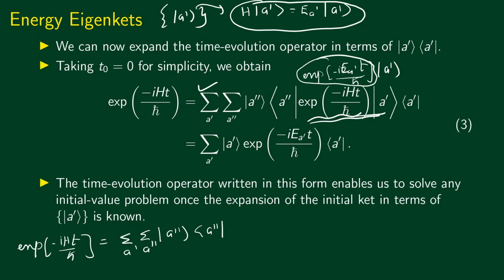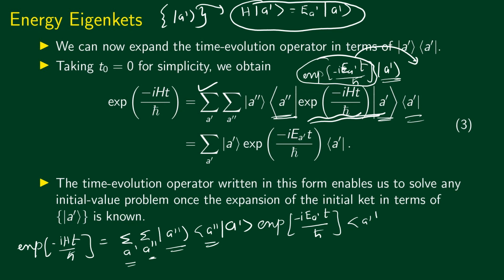There is no operator. This is just a number. You can take it outside. So I'll take this number to the right side of this ket, and what we are left with is sum over a prime, sum over a double prime, ket a double prime, bra a double prime, which is all here. Now let me write this ket a prime in here, and then the eigenvalue exponential of minus i E a prime t divided by h bar. We also have a bra a prime in here.